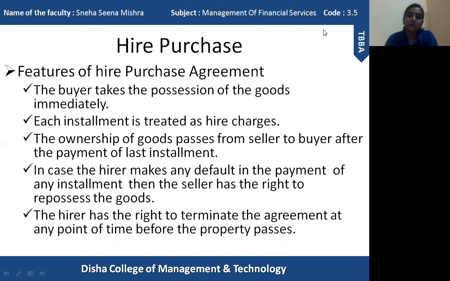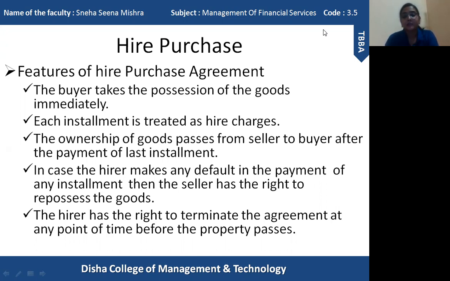So you can assume that you're using a product, you're not the owner of the product, and you're just paying the rent for the usage of the product. So that's why each and every installment is treated as hire charges until all the installments are paid. When all the installments are paid, the buyer becomes the owner of the product.